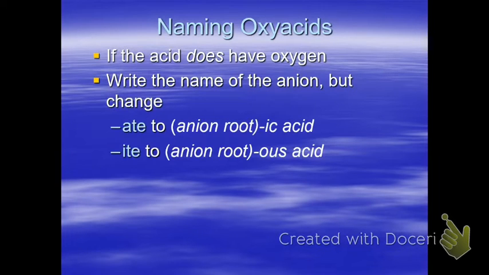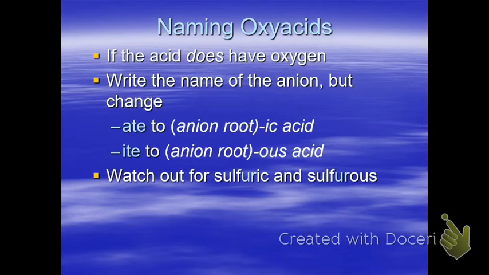If the polyatomic ion ends in ite, like chlorite, I'm not going to say hydrogen chlorite or chlorite acid. Look at the rule here. I'm going to call it chlorous acid.